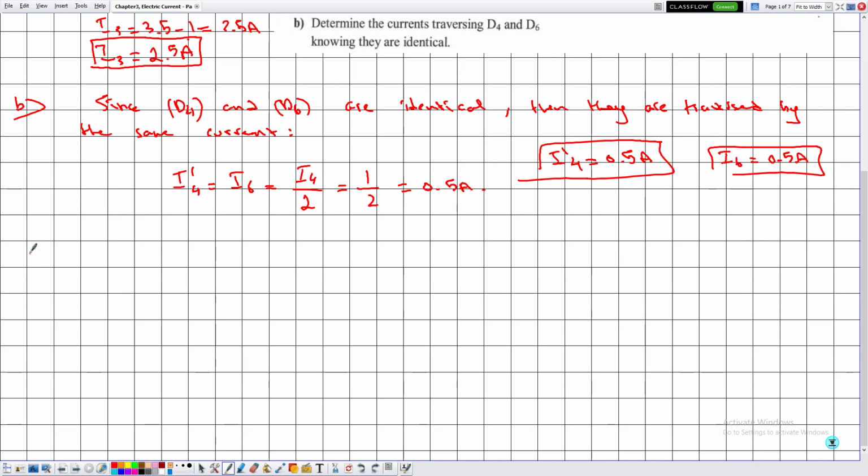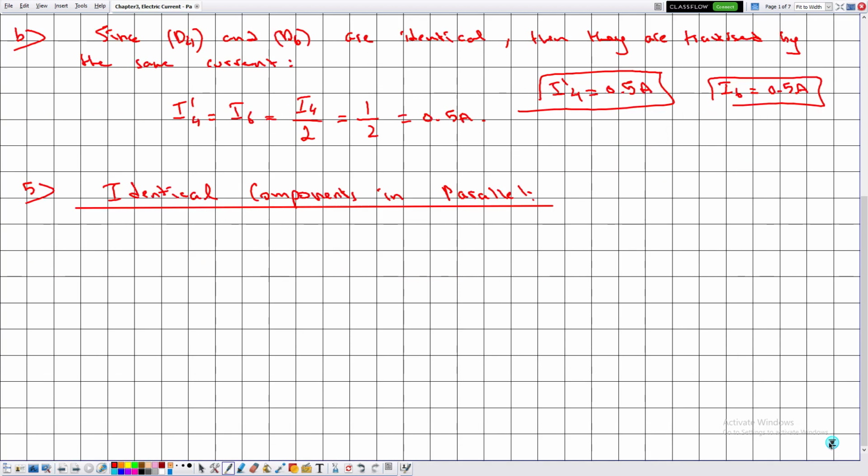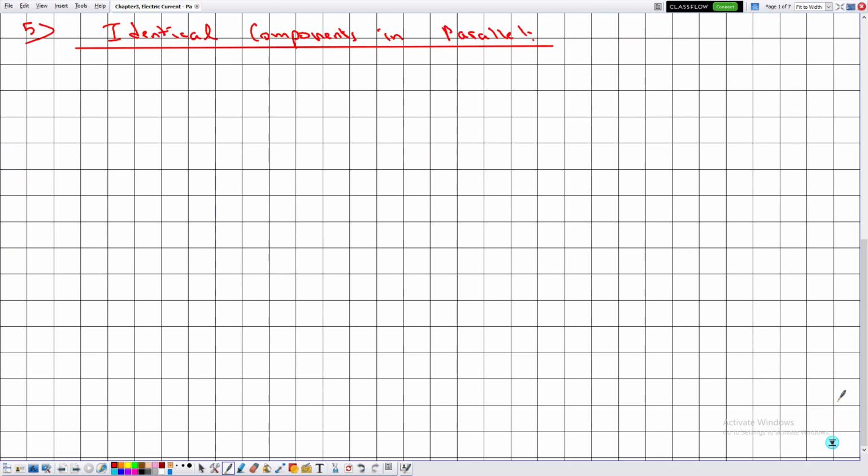So we are in section number 5. Suppose that in this case we have two identical components in parallel.